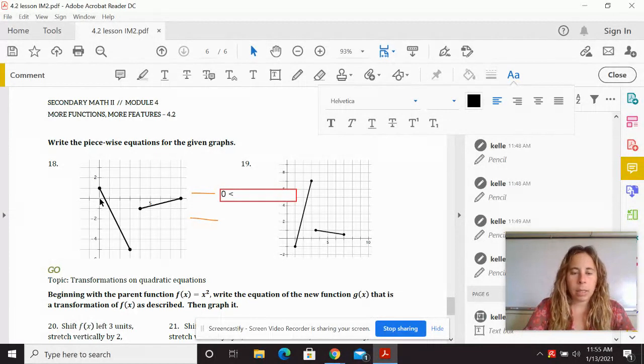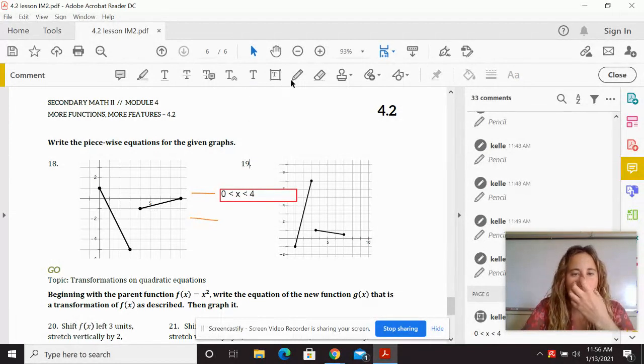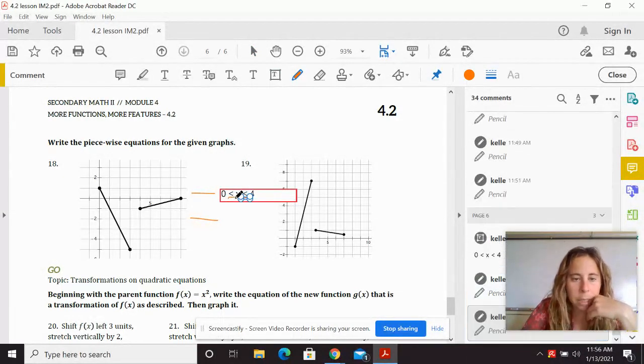So 0 is less than or equal to x, which is, sorry, it's greater than or equal to 0, and then it's less than or equal to, goes from x equals 0 to x equals 4. All right, let's see if it'll let me draw on these. Oh yeah, easy peasy. There we go. So that's the domain for the first one. So x is greater than or equal to 0, and then it's also less than or equal to 4.